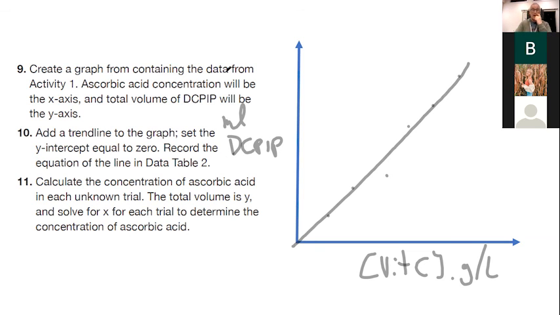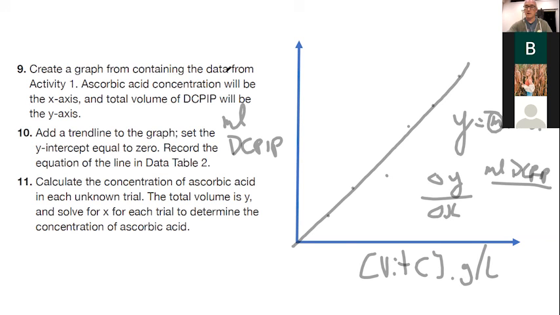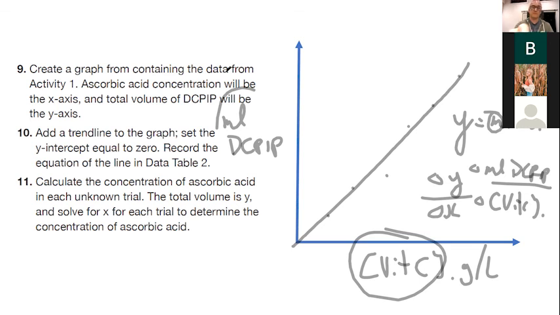And then when you plot it with Excel or whatever it is you're going to do, you're going to get a y equals mx plus b plot, right? Because this is linear. So m is the slope, and m is the change in y over the change in x. So basically you're going to get the change in mils of DCPIP over the change in the concentration of vitamin C. So the slope of that line will tell you what the relationship is between this and this.